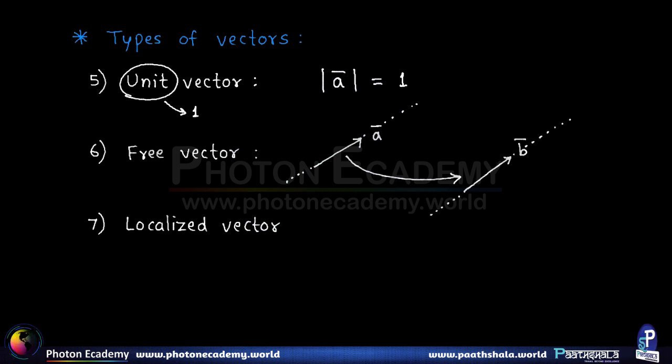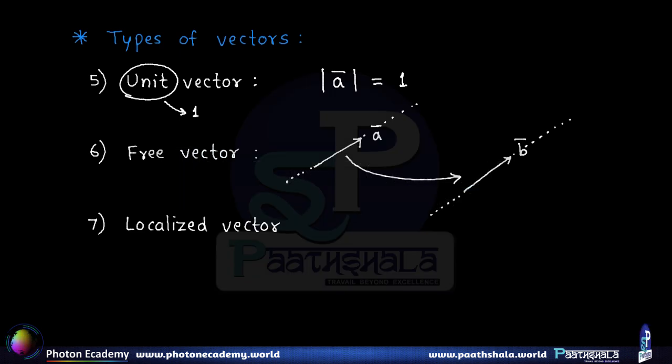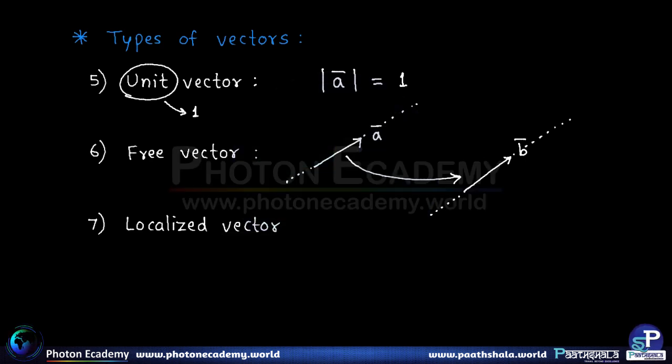Okay, and we just translate or shift the original vector to another location. That is called a free vector. So the vector which can be shifted to another place without having any effect on its result is called a free vector. On the other hand, a localized vector is one for which the point of application, that is the starting point where the vector is acting, is important.